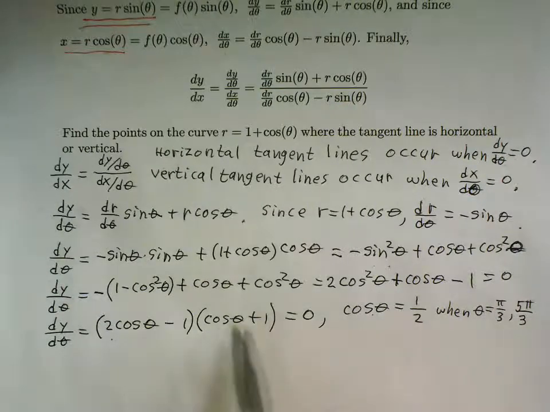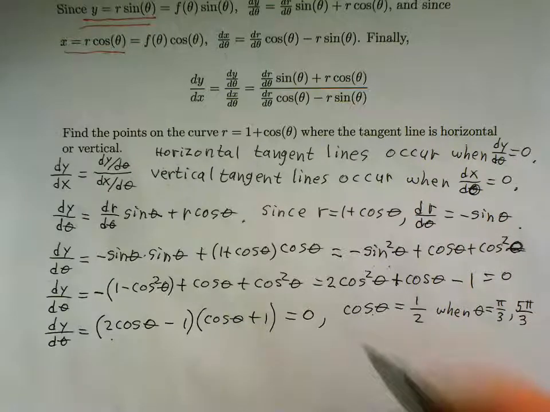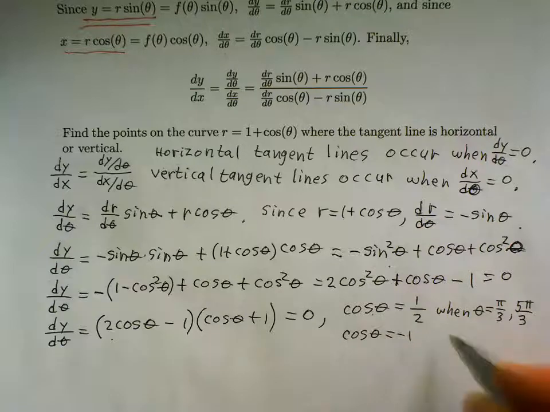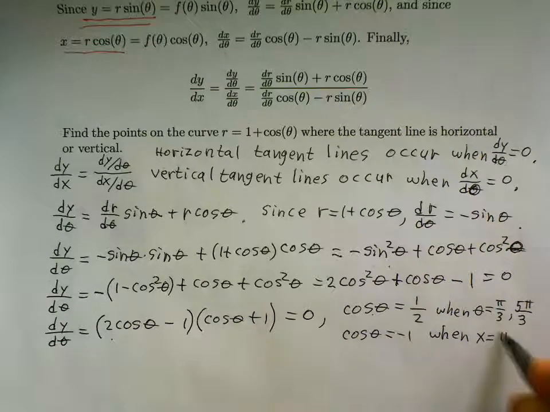And then cosine of theta plus 1 is 0 when cosine of theta is -1. And that occurs when theta equals pi.